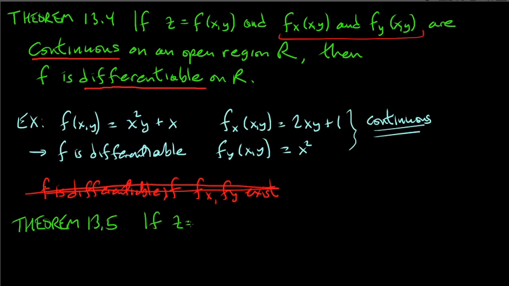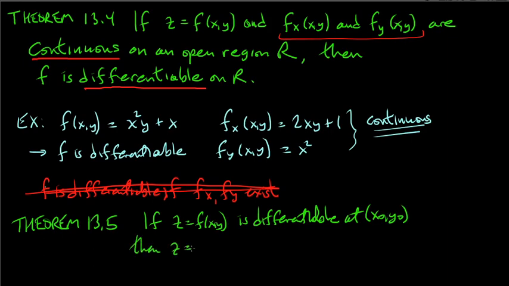So if z as a function of x and y is differentiable, and this could be differentiable at a point or differentiable on a region, so let's just start with differentiable at a specific point, then for sure the function is continuous at that same point or in that same region. So if you're differentiable, you're continuous for sure. If you're continuous, you may or may not be differentiable.